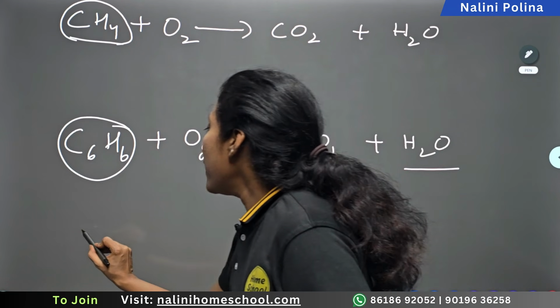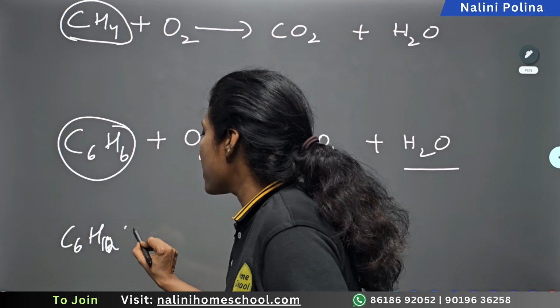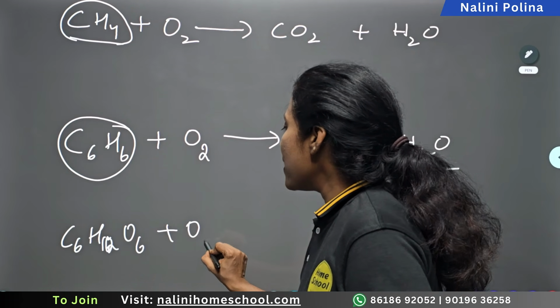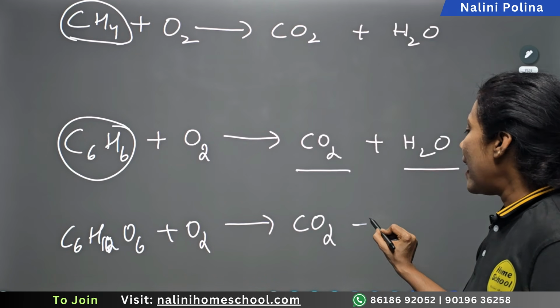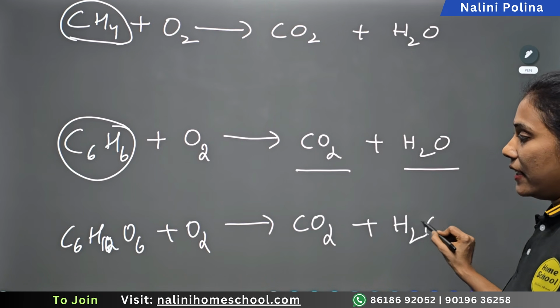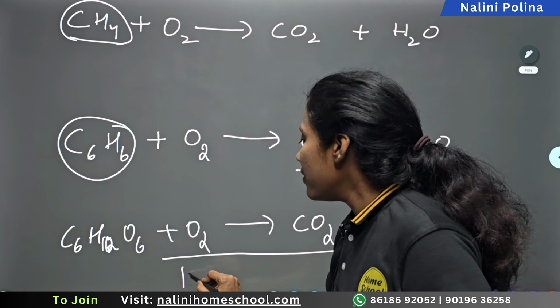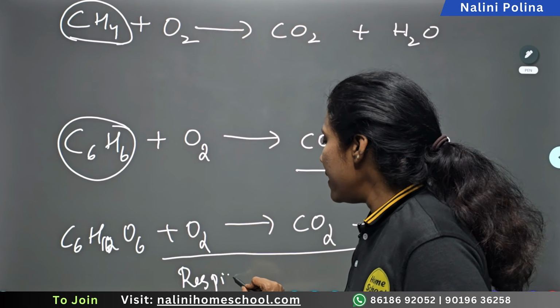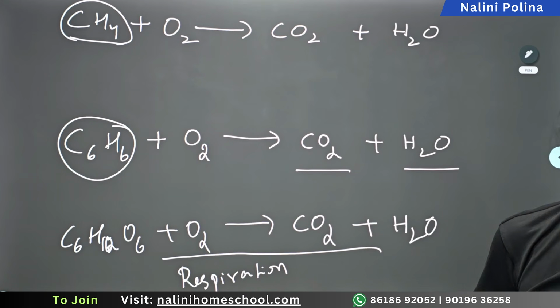Say, you can take C6H12O6, glucose. Glucose on combustion, means burning with oxygen, will also give you carbon dioxide and water. This is the reaction that actually happens in our body, which is actually called respiration, isn't it? It's actually called respiration, guys.